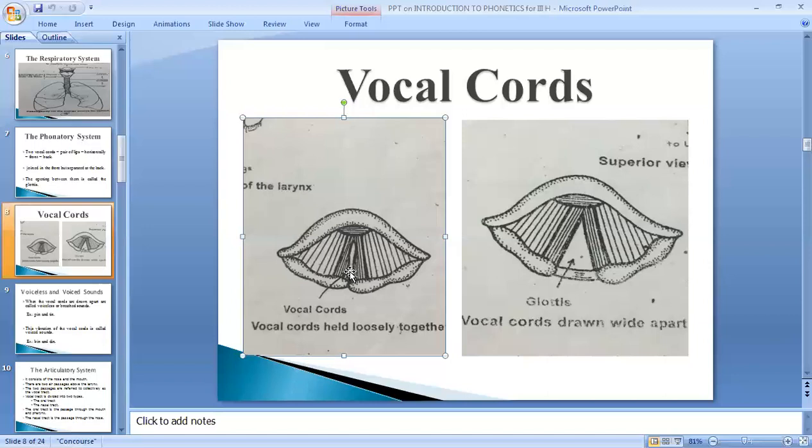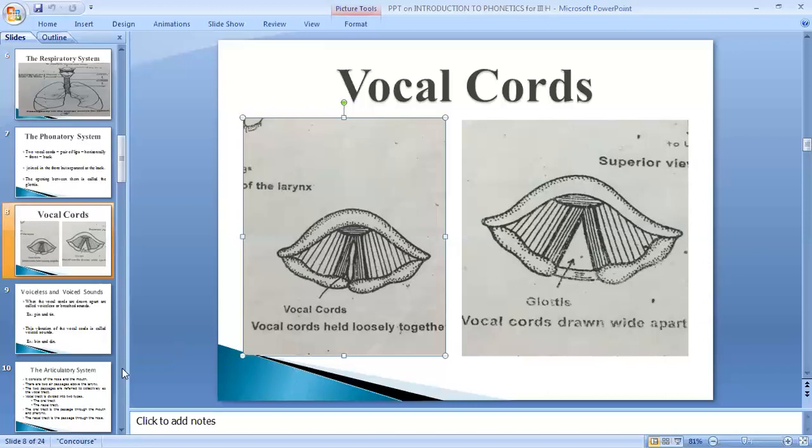So is it clear what voiceless sounds are and what voiced sounds are? So this is the respiratory system. The respiratory system functions with the lungs, muscles of the chest, and the windpipe. The windpipe is also called the trachea.